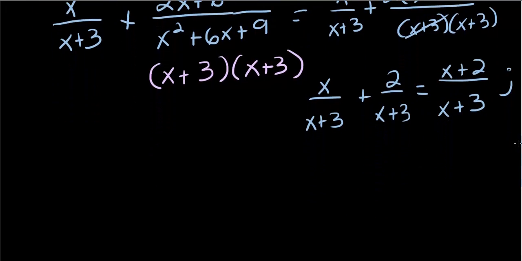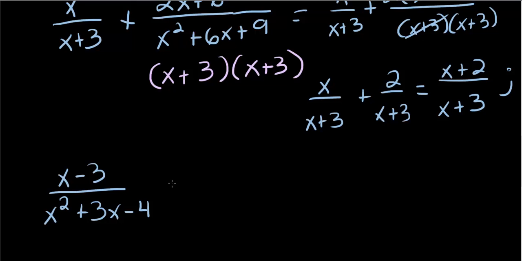Let's try another one. We're going to try x minus 3 over x squared plus 3x minus 4 plus 2x over x plus 4.